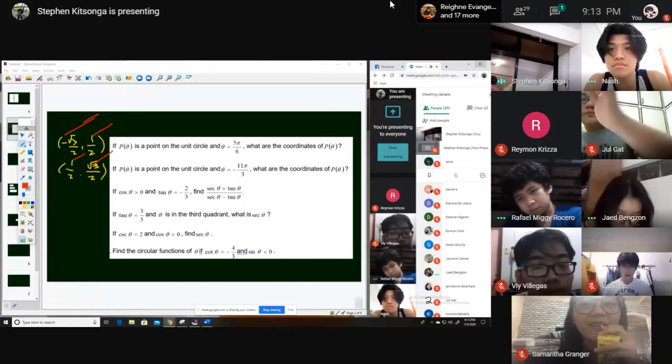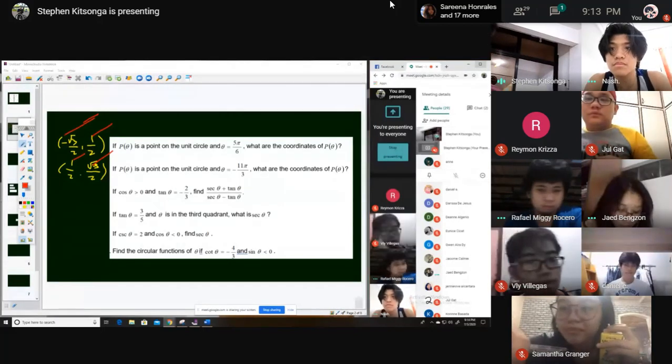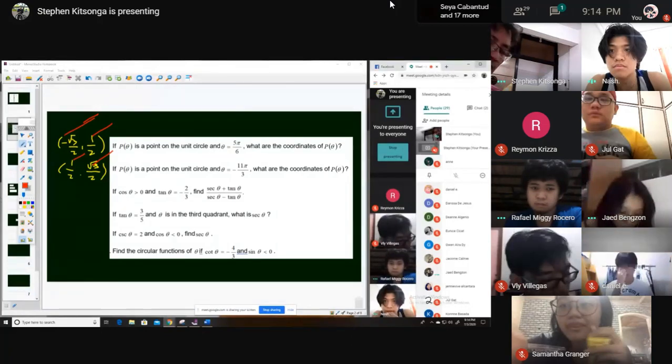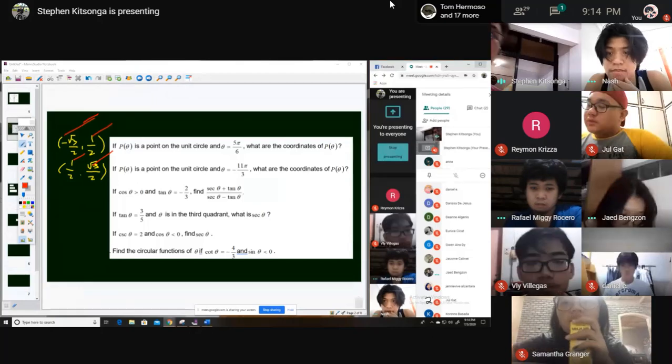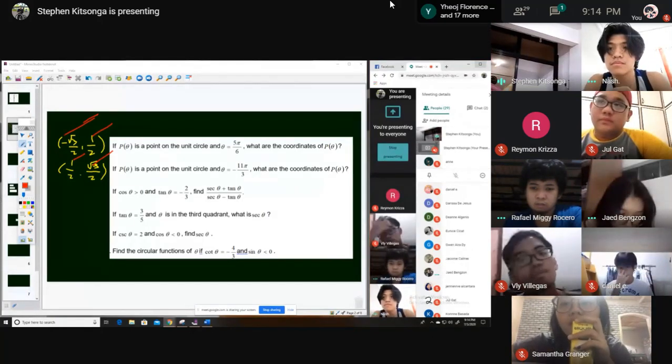It's hard to say. It's not a special angle, right? But if it's in the fourth quadrant, ang pinapa-evaluate naman ay the expression secant plus tan over secant minus tan.